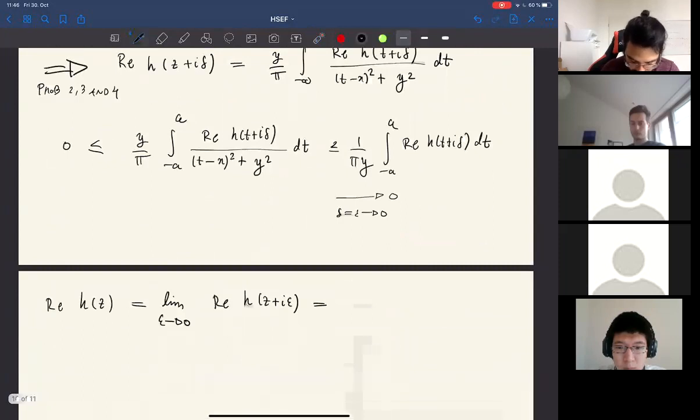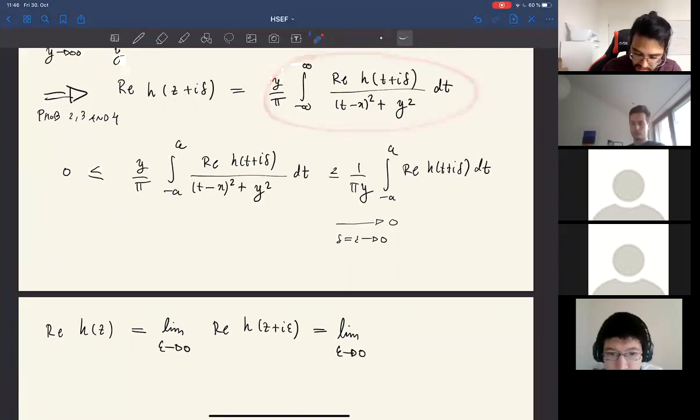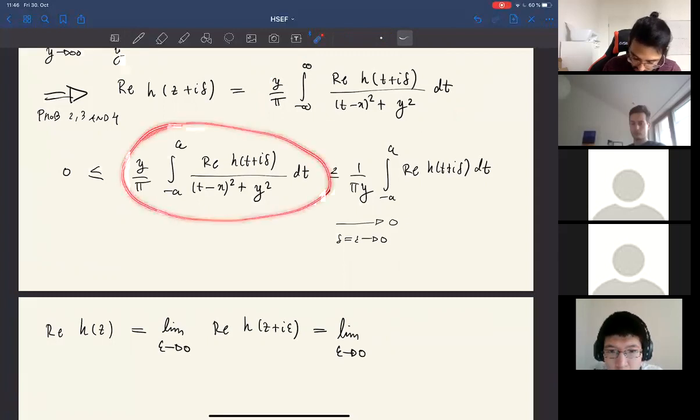Okay, so going back to the argument, I do have this, then, well, this is the limit when epsilon goes to 0 of this integral. But for any point of continuity, from minus A to A, that limit converges to 0.